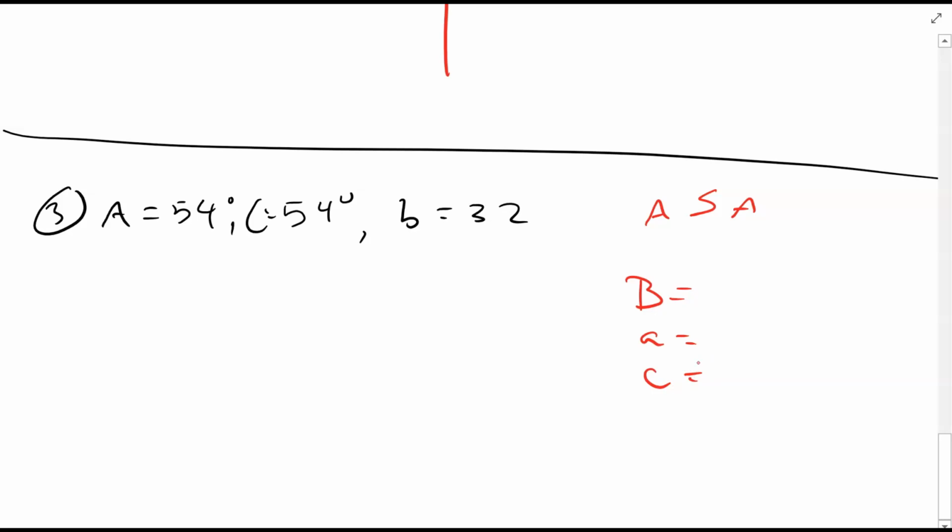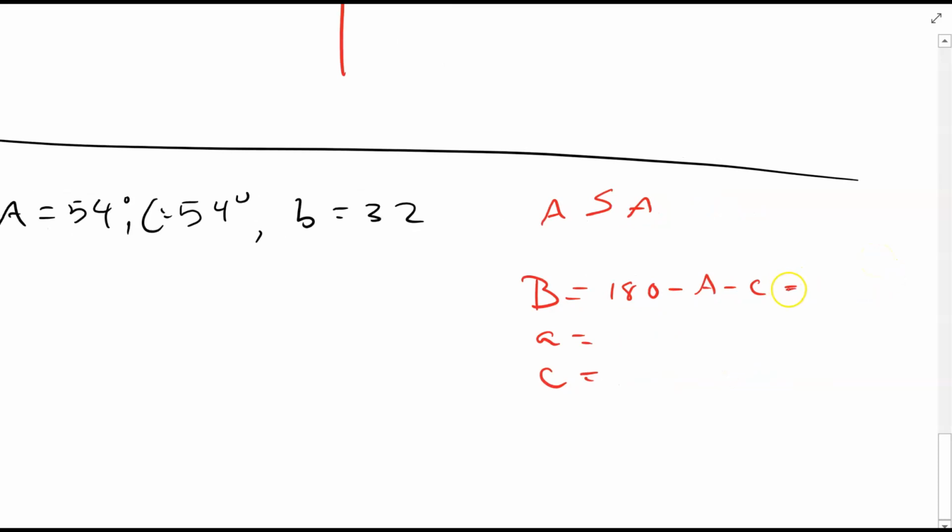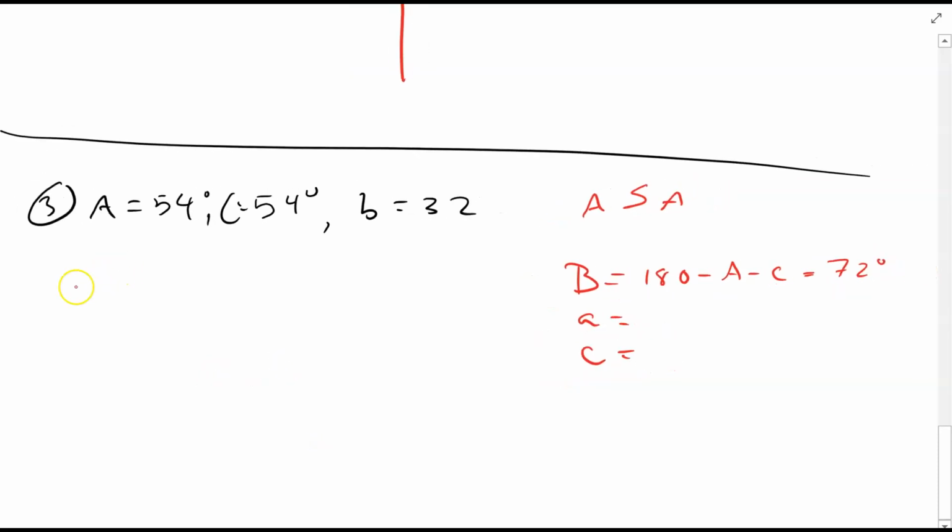We need to find B first. That's easy to do because it's just going to be 180 minus A minus C. So that's going to be what? 72. Okay with that, Anthony? Okay. Now if I set up the law of sines, I'll have sine of B over B is equal to sine of A over A. And I guess I should fill in the value for A there.